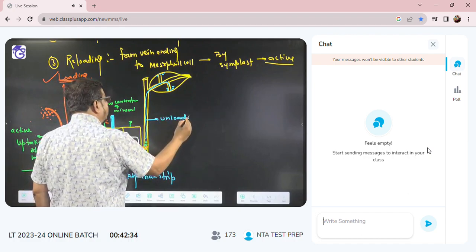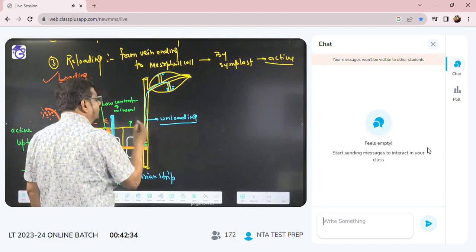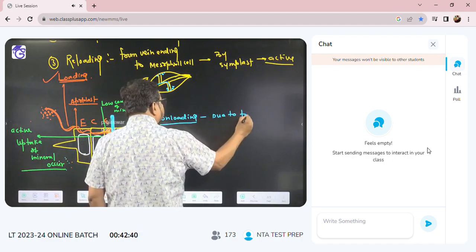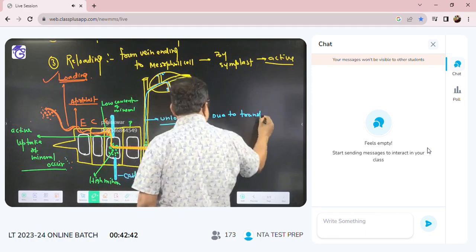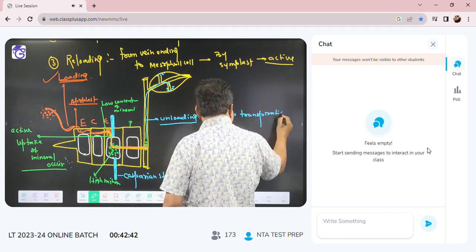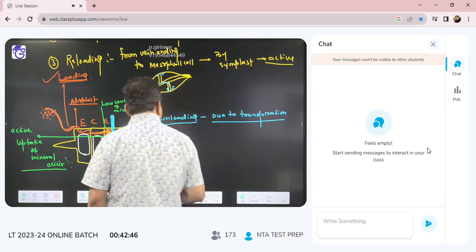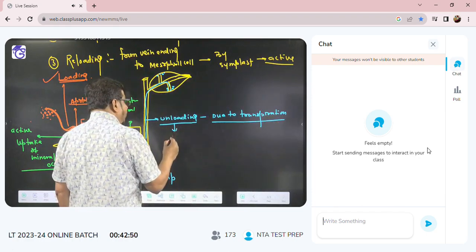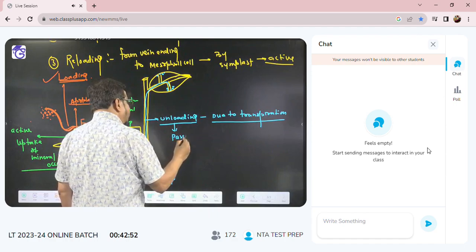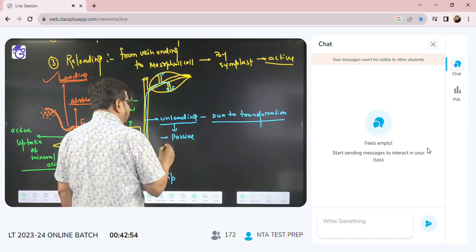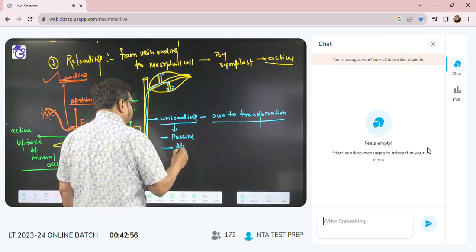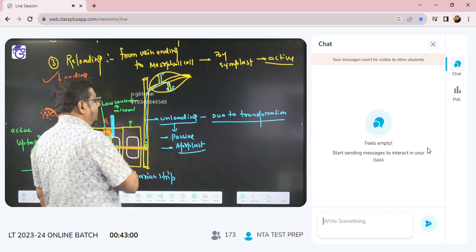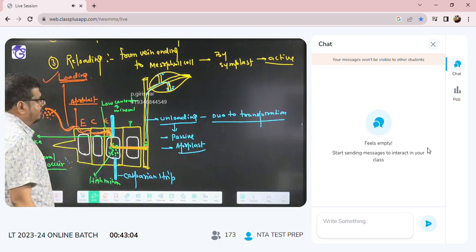So how are minerals moving up? Unloading is due to transpiration pull. When water is pulling, along with water, who is also pulled? Minerals are also pulled. And this unloading is a passive process, and it occurs by apoplast, because apoplast is always passive.